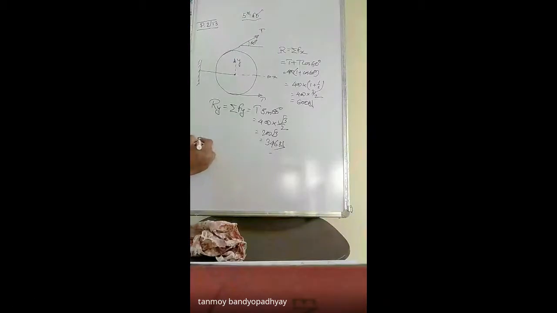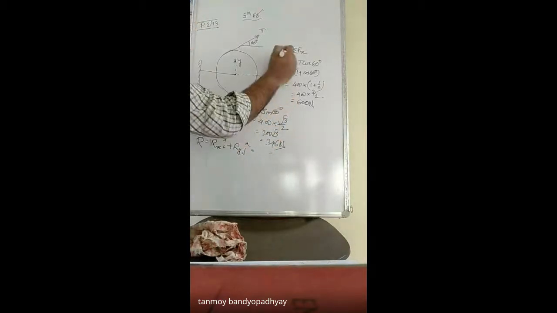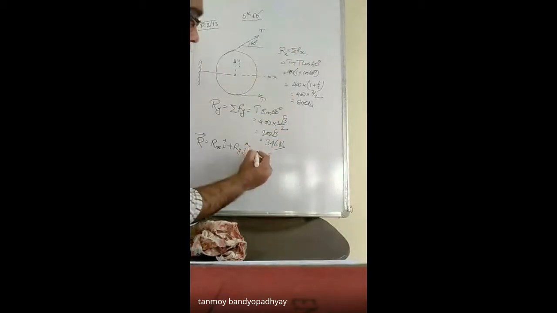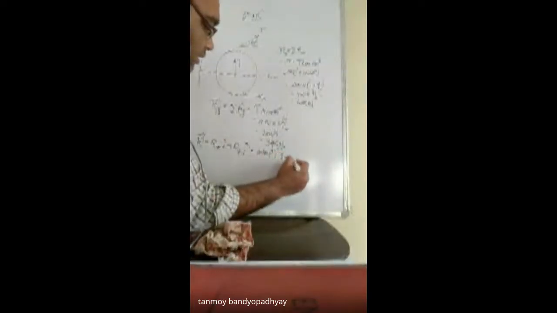If I express R as a vector, R will be equal to Rx i plus Ry j. So R is 600i plus 346j.